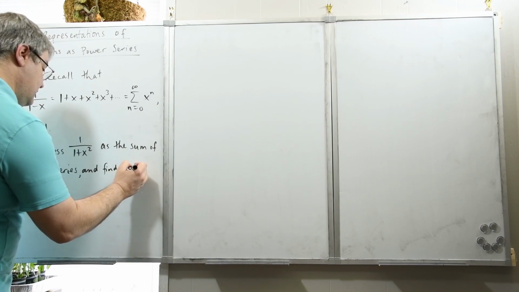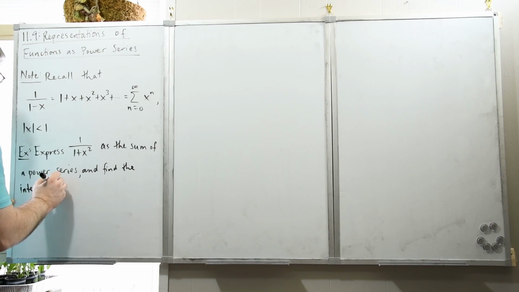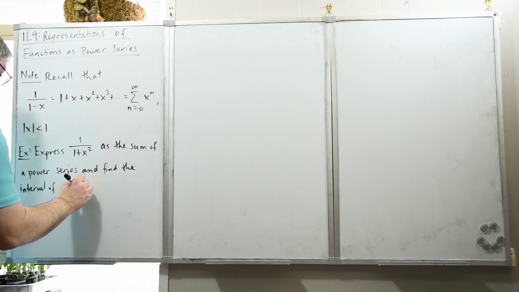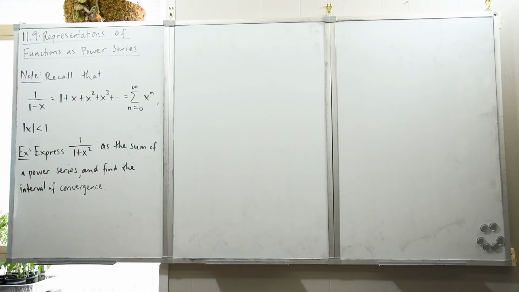And then we're going to find the interval of convergence. So once again, we're looking at 1 over 1 plus x squared here. I'm going to represent this as a power series and find the interval of convergence.